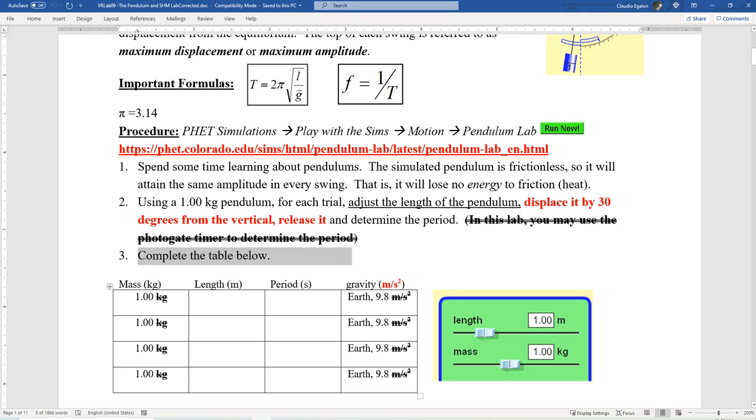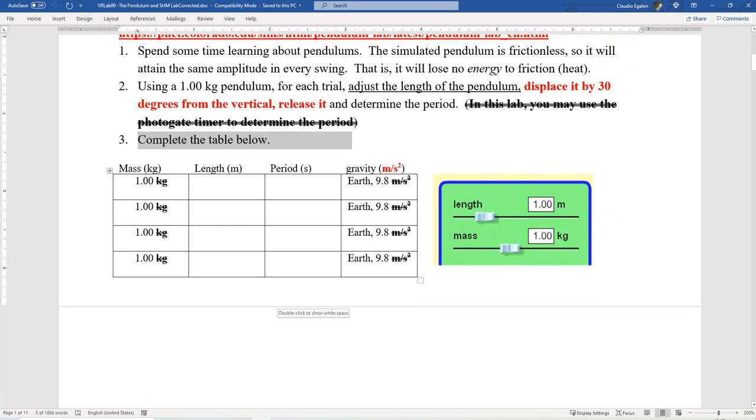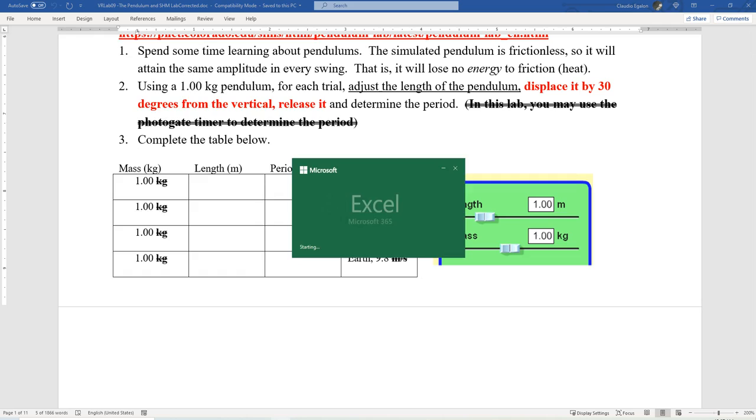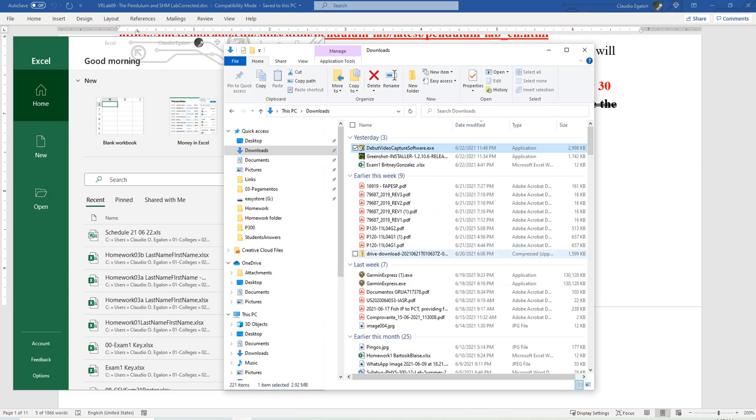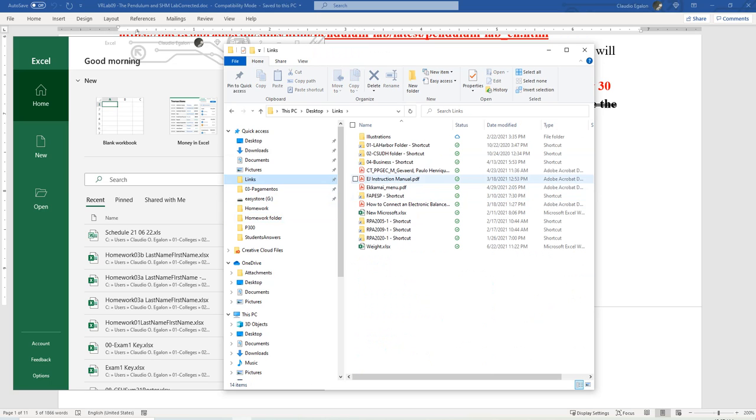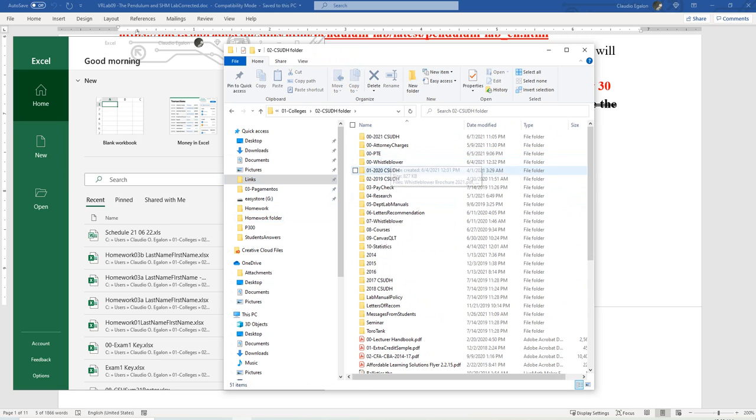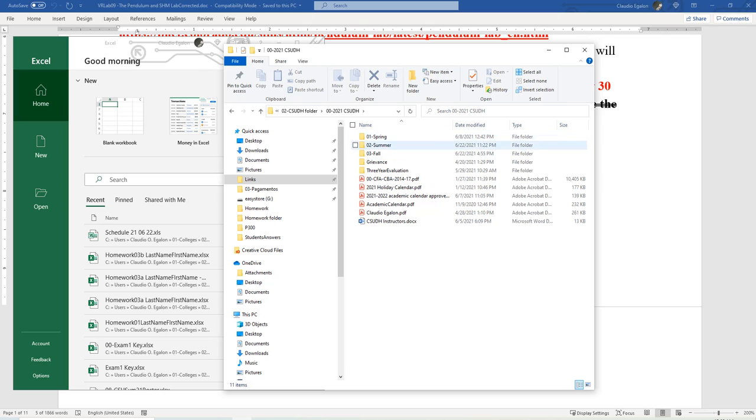So here you go. I need you to come up with a table. You can do this table in Excel: mass, length, period, and gravity. Let's take a look at the table. I have a table here for you in Excel. I'm going to get a pre-prepared table for you.